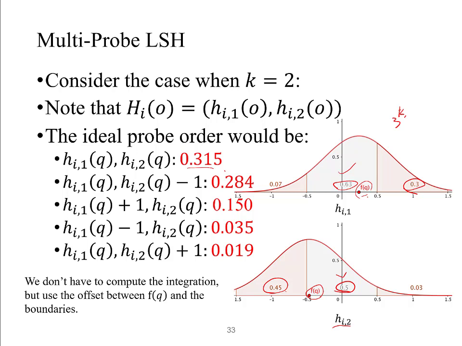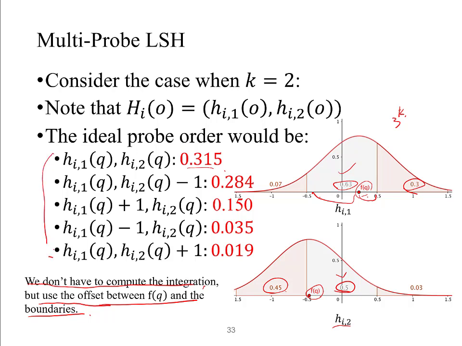All right. And in real applications, we don't have to compute the integration because it is time consuming. Instead, we use the offset between FQ and the boundaries, like this and this, to help compute the order here.